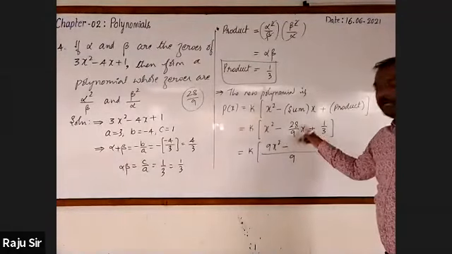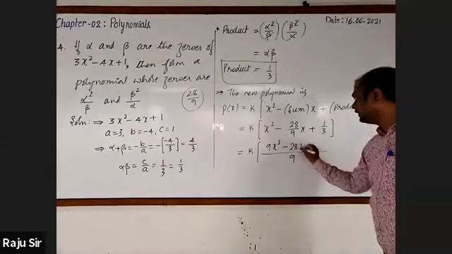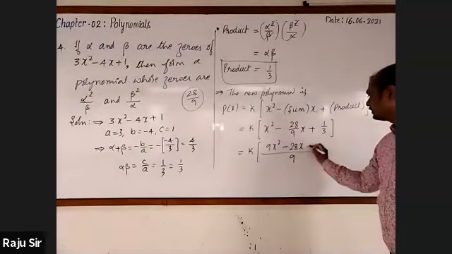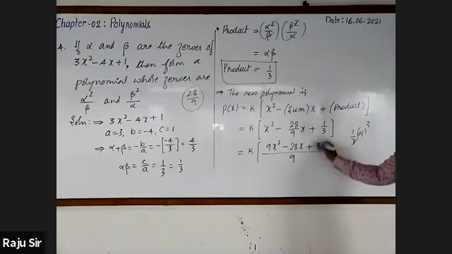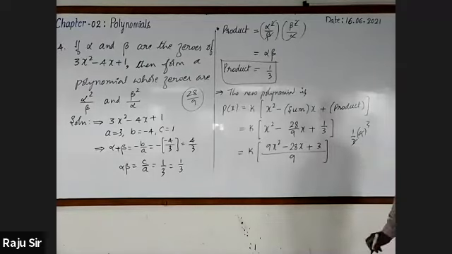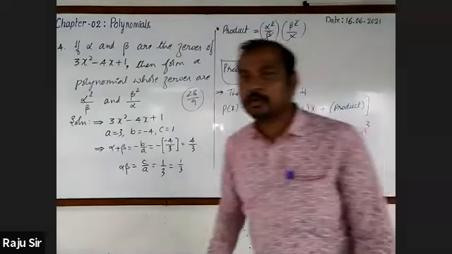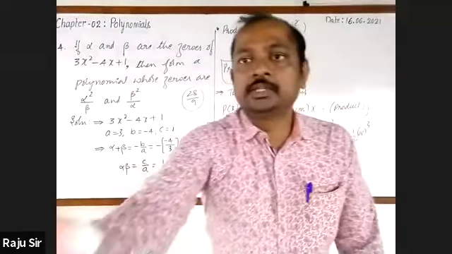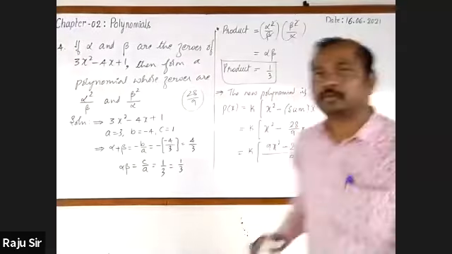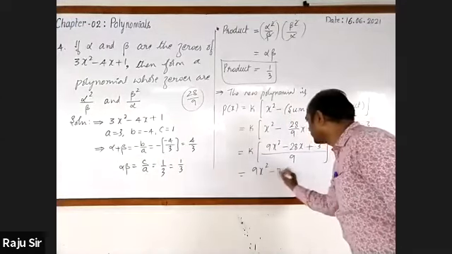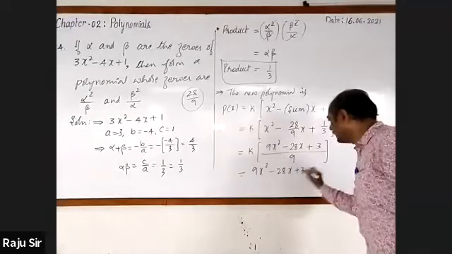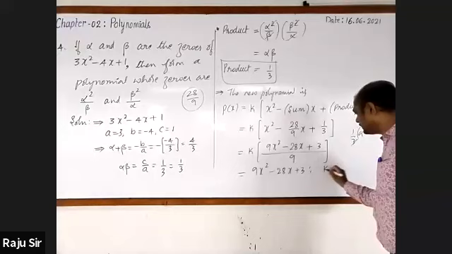With the second term, 9 gets cancelled: it is 28x. With the third term, 1 by 3 into 9: 3 ones are 3, 3 threes are 9. It is 3. Now let us write 9x square minus 28x plus 3 as it is, where K is 9.